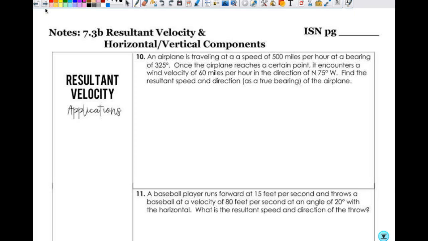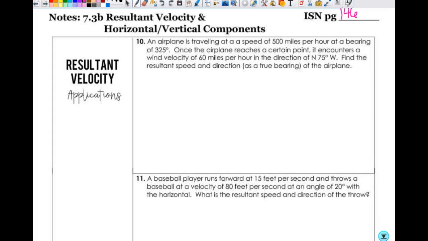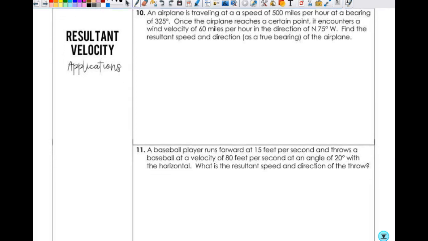This is going on 146. All right, so we have an airplane that's traveling at a speed of 500 miles per hour at a bearing of 325. So this is another one where I'm going to draw it, actually putting it end to end so that you can see what's really happening with the airplane here. So I have this airplane.